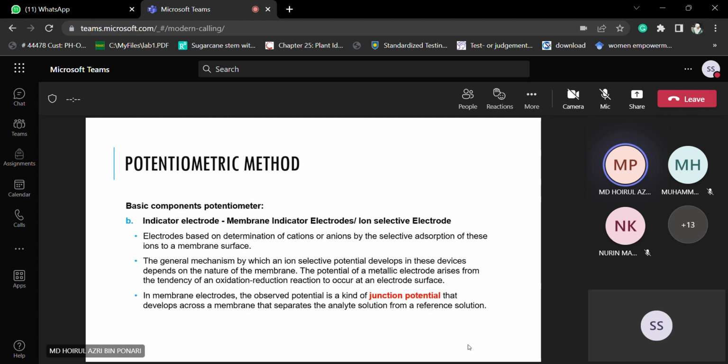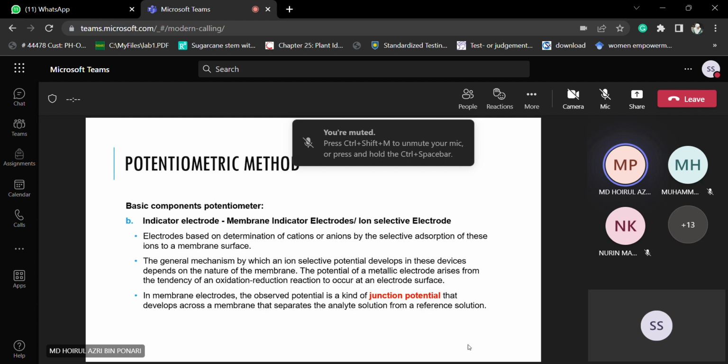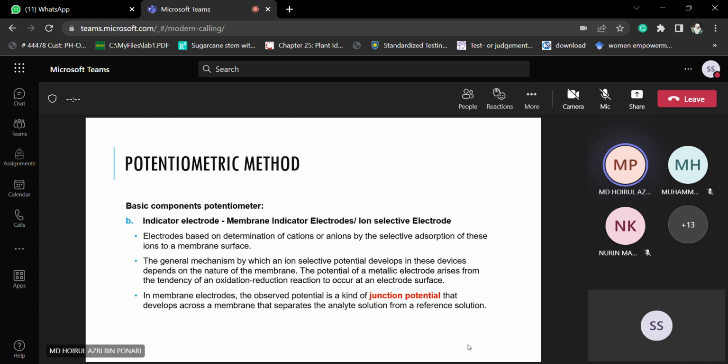Okay, so remember in our solutions, for example, we want to determine the pH of a solution. Okay, for example, we have sulfuric acid. So in the solution we have sulfate ions, we have water ions, and we also have hydrogen ions. Okay, but the ion whose concentration we want to measure is hydrogen ions.